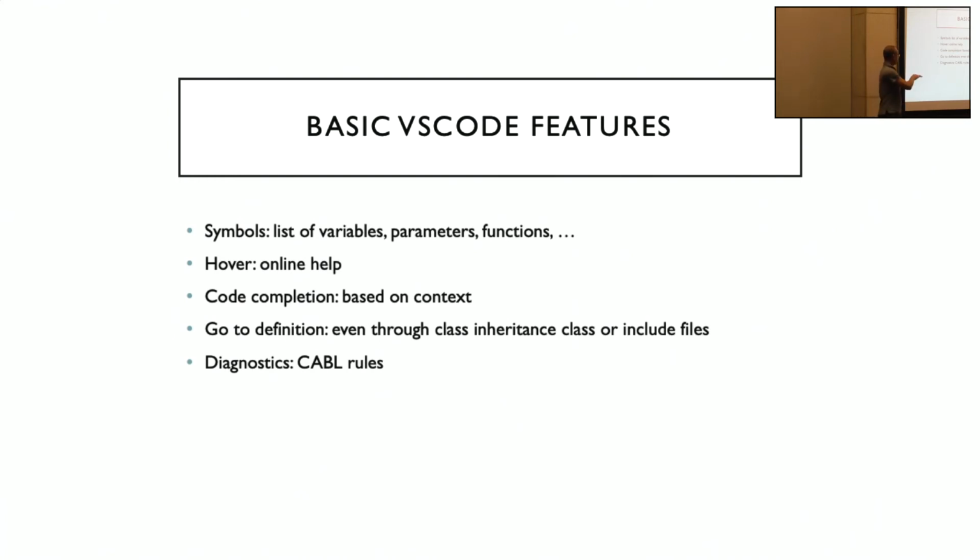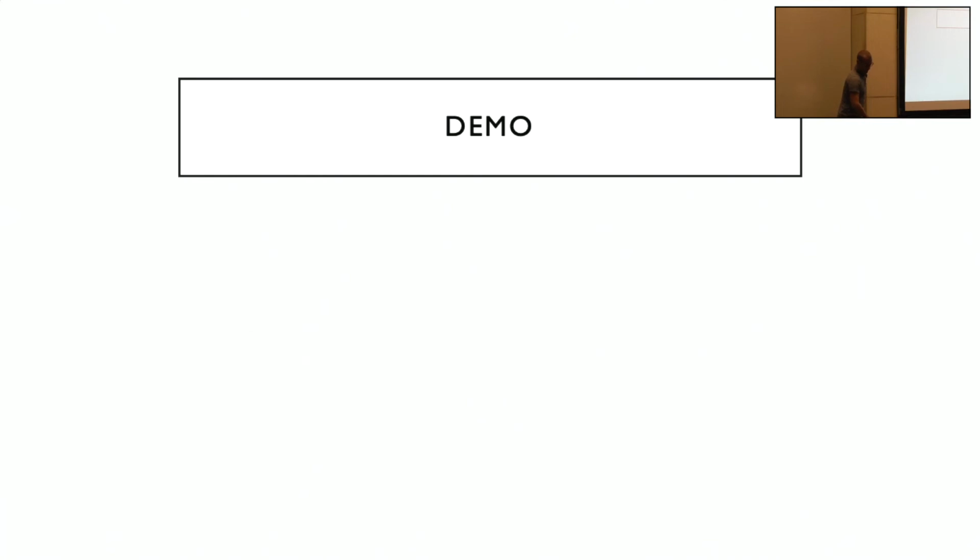Then code completion, which has to be based on the context, go-to definition, even with inheritance and include files, and diagnostics. This is also one of the reasons why I wanted to have a VS Code plugin: to execute the CABL rules directly in VS Code without having to set up a full PDSOE project. So I will quickly go to the demonstration.